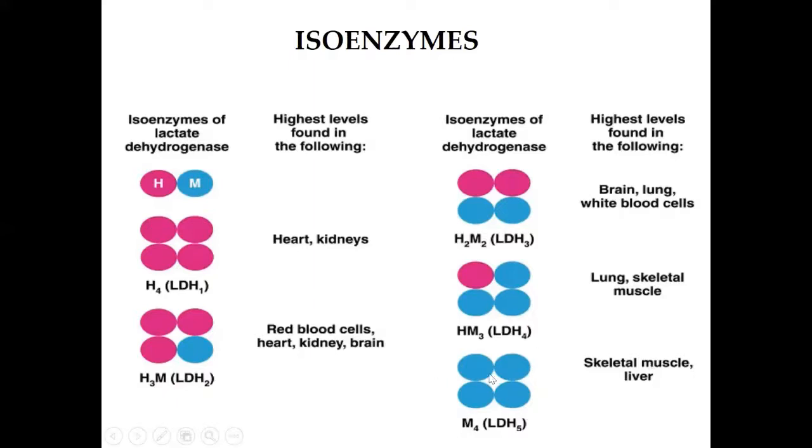Each organ and tissue has a special form of this enzyme, maybe LDH1, LDH2, 3, and 4. And the amount of these isoenzymes in the blood is used in the diagnosis of disease.